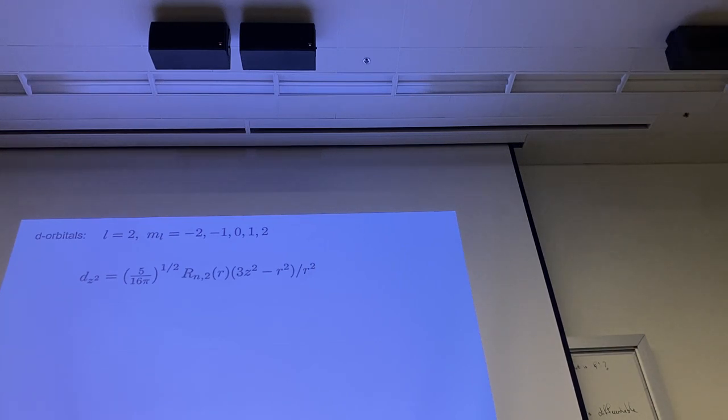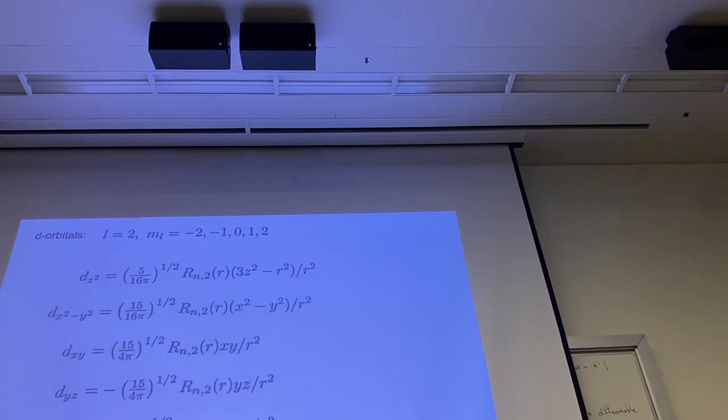You don't have to remember this, but I wanted to show it to you, again, to reinforce the idea that all of these functions are actual functions that we solved. They have an actual shape. We can actually plot them and see what the electron distribution is. So there's 5 of them. Here they are. You don't have to write them down. Well, you can, but it's easy to look them up.